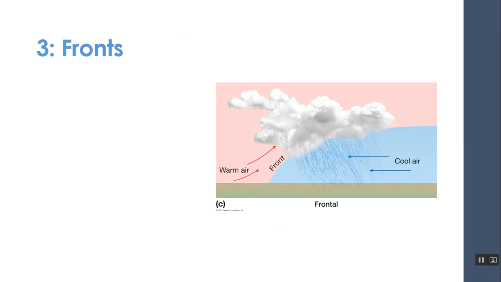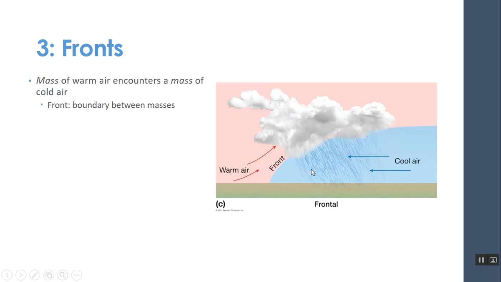The third cause of lifting is fronts. And so this is when a mass of warm air encounters a mass of cold air, and you might hear on the weather or the news a warm front is coming in or a cold front. But as those two collide, the warm air rushes up over the cold air because it's warmer, so it's going to rise. And there you're going to get that condensation right there. A front is just a boundary between air masses, and we're going to talk a lot more about fronts.